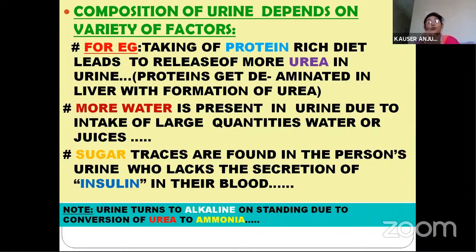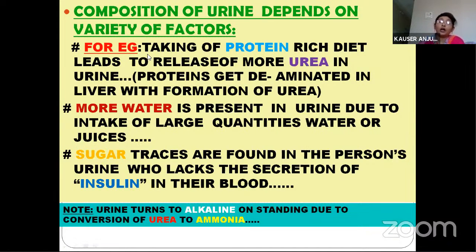When the insulin hormone is not produced, that person suffers with diabetes mellitus. It is nothing but presence of sugar in the blood as well as urine. So if you are suffering from diabetes mellitus, then your urine also contains sugar.